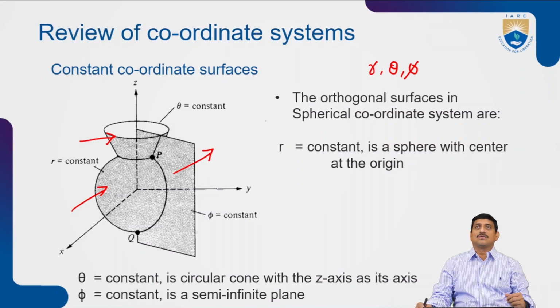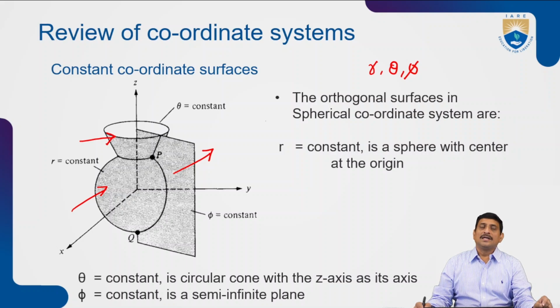So in the spherical coordinate system, the constant coordinate surfaces are: r equal to constant gives a sphere with the center at the origin, theta equal to constant is a circular cone with the z-axis as its axis, and phi equal to constant is a semi-infinite plane.